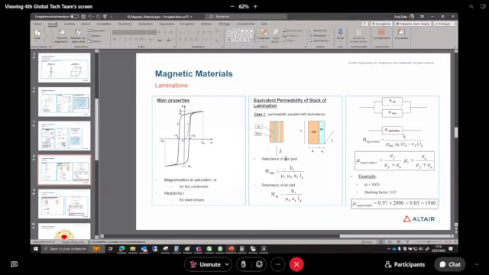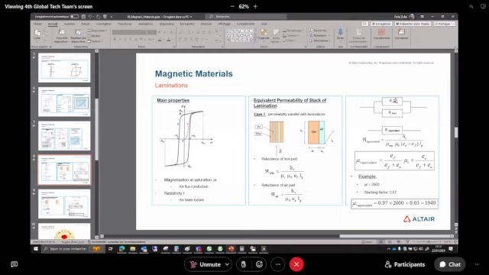So since we do have the magnetic field source and we have iron and air, we can plot the equivalent magnetic circuit thanks to Hopkinson's law. Then there is an equivalent reluctance of the iron and an equivalent reluctance of the air, and they are in parallel.